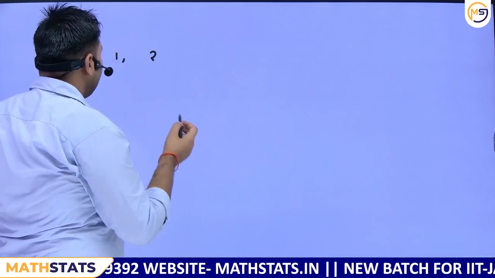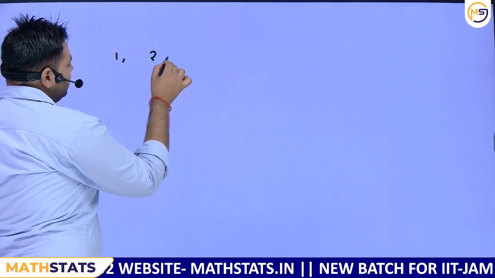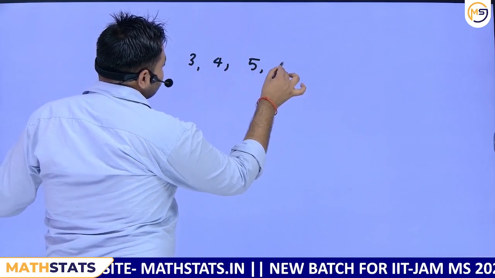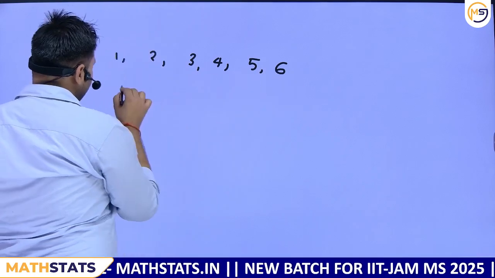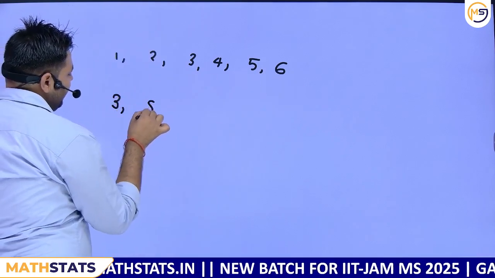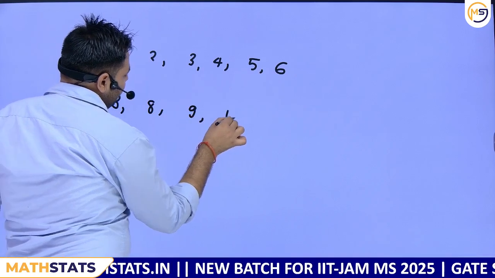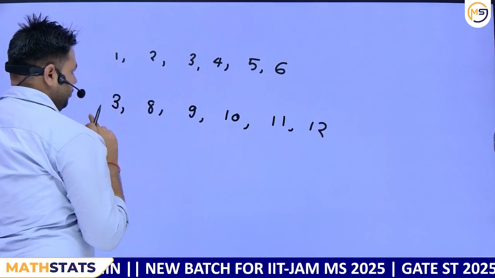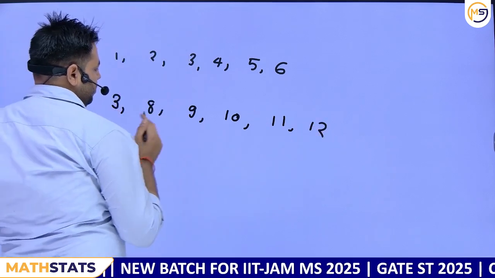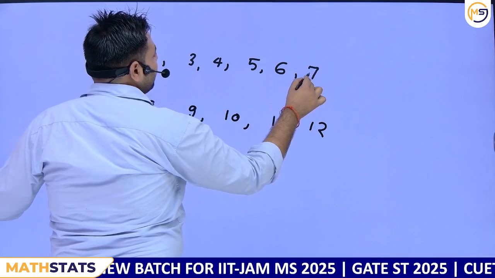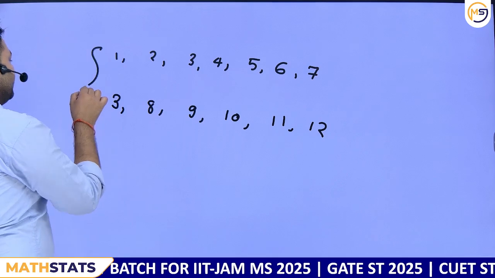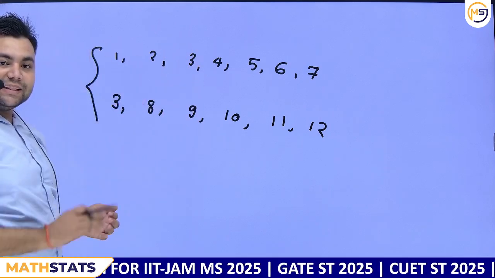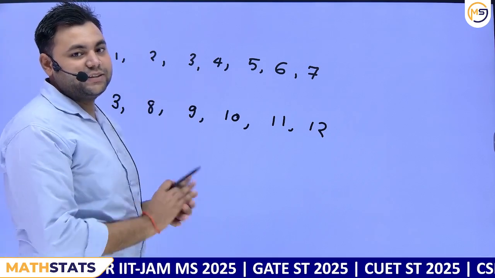Suppose we have the data 1, 2, 3, 4, 5, 6, and the second data 3, 8, 9, 10, 11, 12, and here you added 7. So now these are 2 series: the first is an odd number of observations, the second is even. How can we find the quartile in this series?